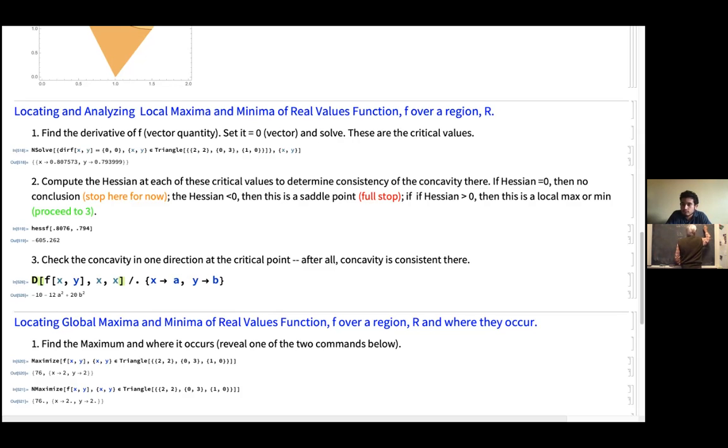This is a point at which a minimum occurs, and Fxx less than 0 implies this is a maximum. Or as an alternative, you could do Fyy. If either of the pure second partials are positive, then it's a minimum, or if either of the pure second partials is negative, then it's a maximum. But these do not tell you max and min unless the Hessian is positive.